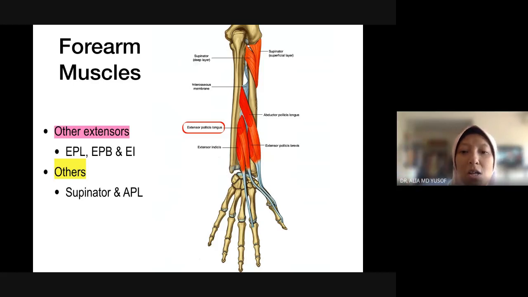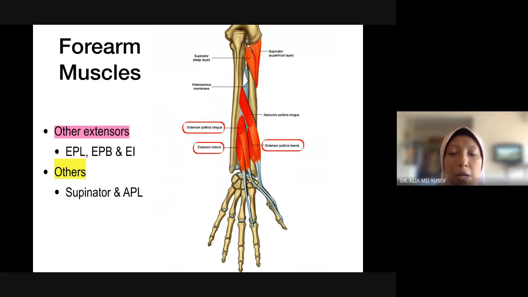So sekarang kita nak concentrate pada thumb ataupun pollex, first digit, dan juga extensor indicis, second digit. Now, we have the extensor pollicis longus, extensor pollicis brevis, and also extensor indicis. As the name implies, you know already that extensor pollicis longus and extensor pollicis brevis both will move the thumb. Okay, tengok longus.